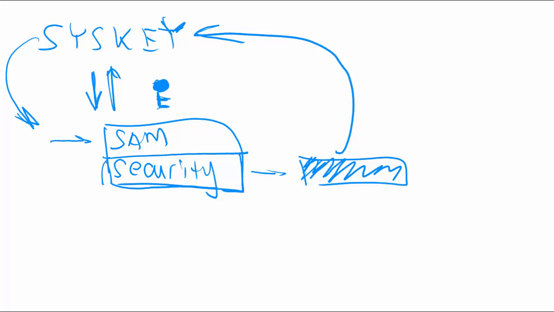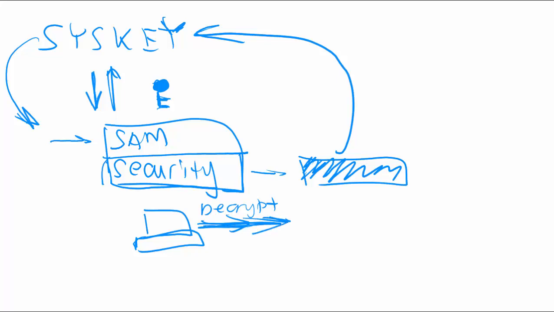And during the system startup process, the system key decrypts the protected information. During the startup, the security hive and the SAM hive both will be decrypted by the system key automatically.